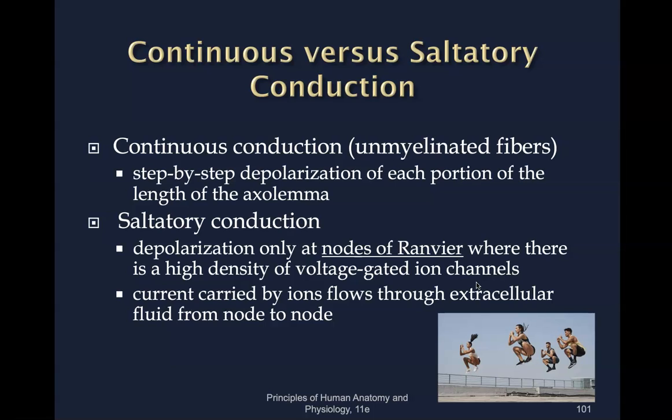And so what it does is it actually allows us to be a little bit faster, believe it or not, because instead of having to go in this successive movement where this sodium-gated ion channel opens, triggering this one, then triggering this one, okay, down this kind of successive movement.